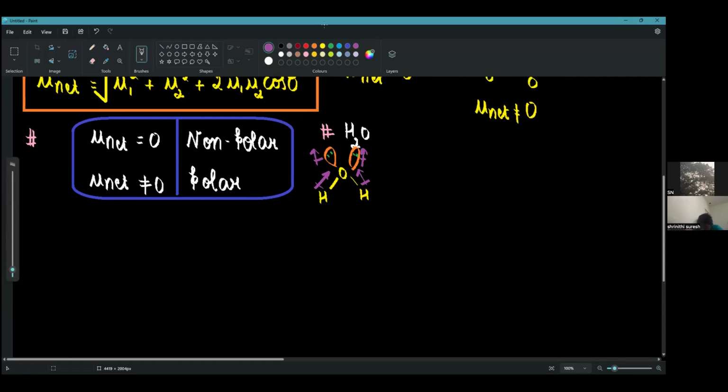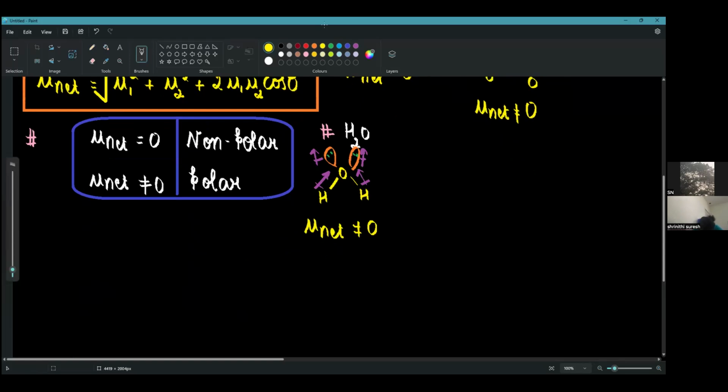Again, the bond moments will not cancel out each other, so there will be some net dipole moment. The net dipole moment here is not equal to zero.